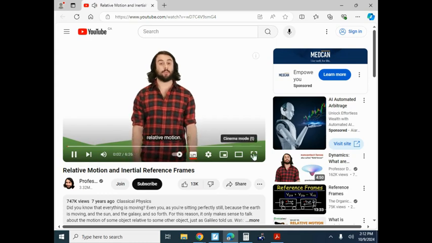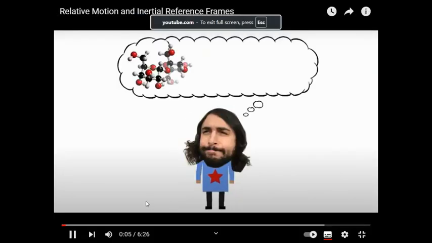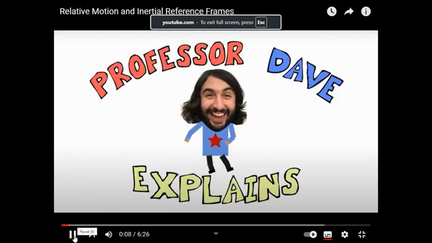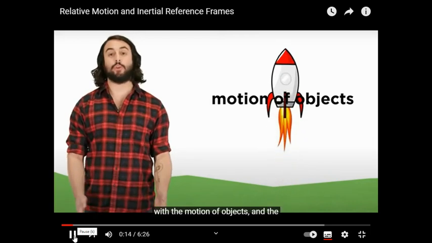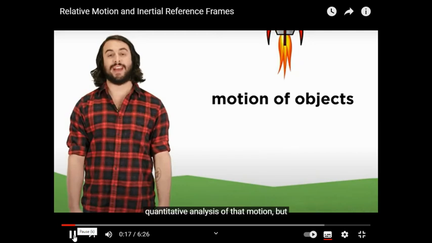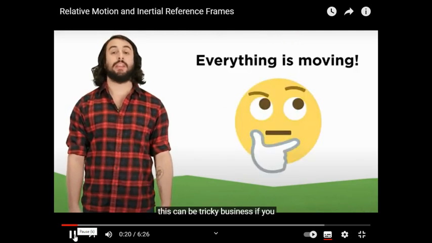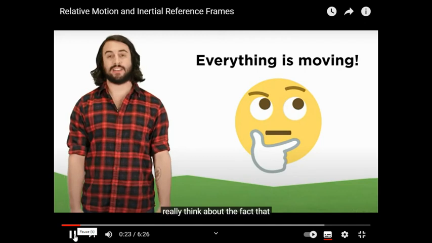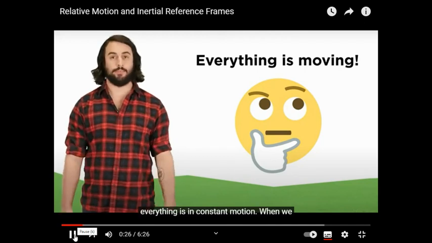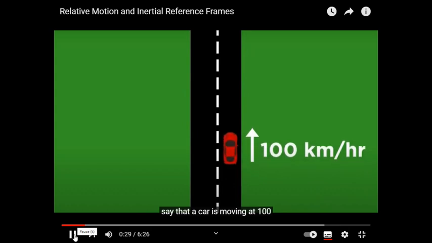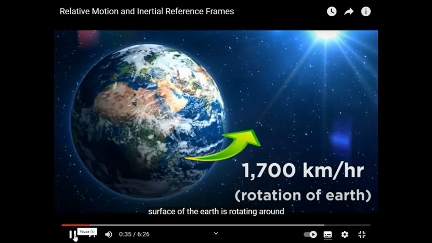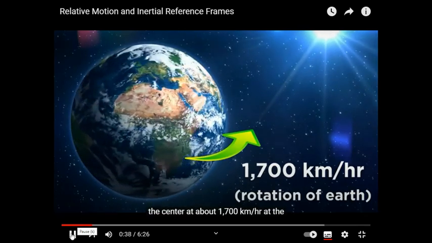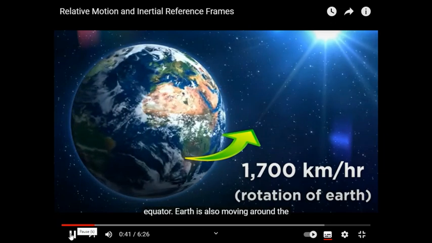Professor Dave here. Let's talk about relative motion. Physics is concerned with the motion of objects and the quantitative analysis of that motion. But this can be tricky business if you really think about the fact that everything is in constant motion. When we say that a car is moving at 100 kilometers per hour on the freeway, we are ignoring the fact that the surface of the Earth is rotating around the center at about 1700 kilometers per hour at the equator.